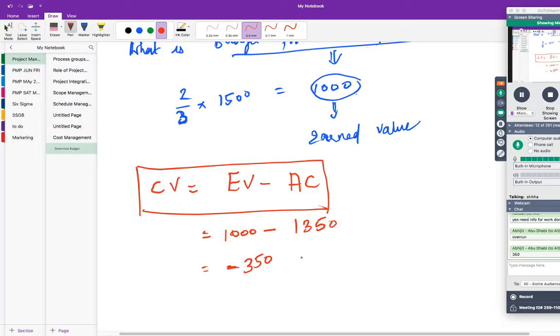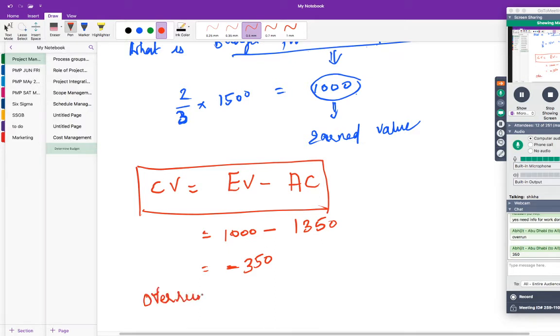People calculate this beautifully and get all the right answers, but when it comes to the answer, somewhere their mind says that under means not good and over means good. So somewhere they will go and take the wrong answer. These cases have happened, so be careful with the terminology also. So minus 350 means cost overrun.